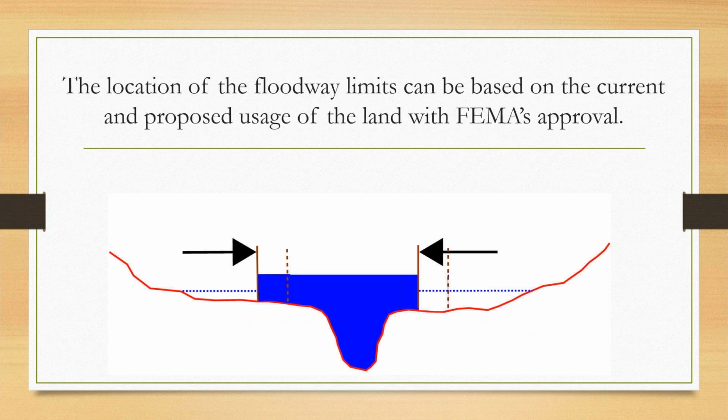Now, when it comes to getting these things approved, of course, FEMA has to approve it, but the local community and the floodplain manager have to be in agreement with it too. So if, for example, you're on the wrong side of the channel here, you would have a voice in being able to say whether you agree with this or not. So it is a process that we can go through, but the point for us is where that floodway is, there is some ability to manage that if we work with FEMA.